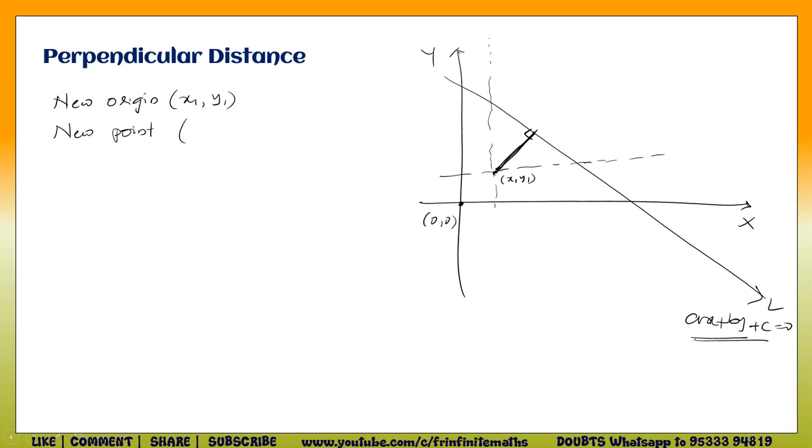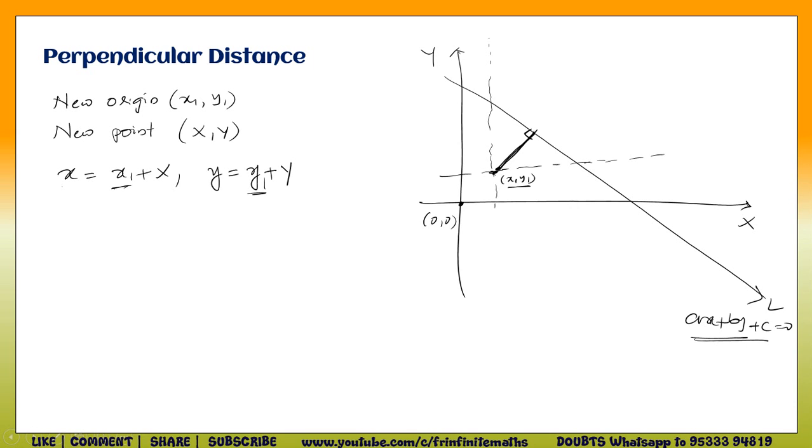The new point is capital X comma capital Y. From the original point I can write small x as x1 plus capital X, and small y as small y1 plus capital Y. Already we know small x is equal to capital X plus h, small y is equal to capital Y plus k. So instead of h comma k we are going to have x1 comma y1, because the origin is shifted to h comma k. Here the origin is shifted to x1 comma y1.